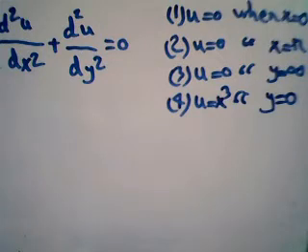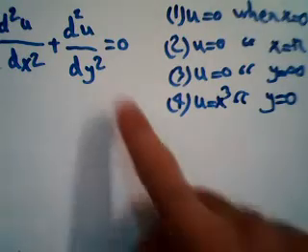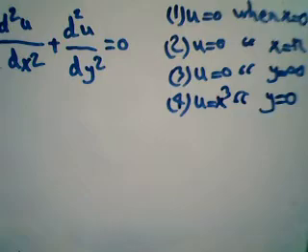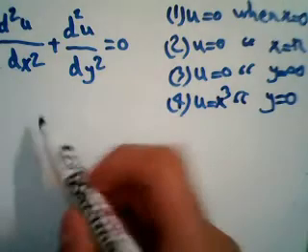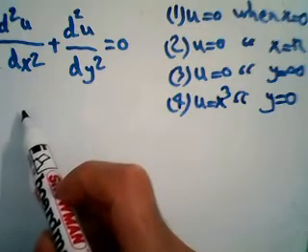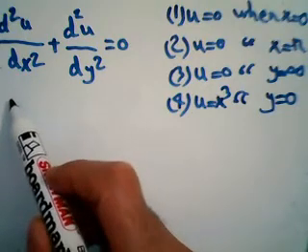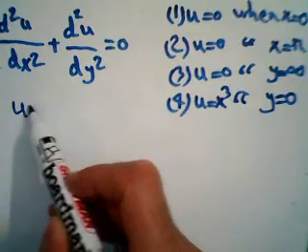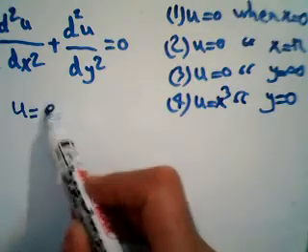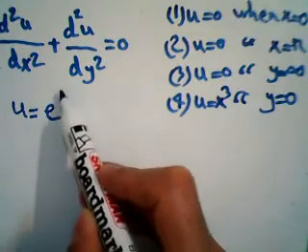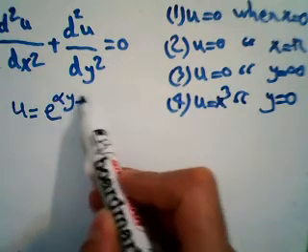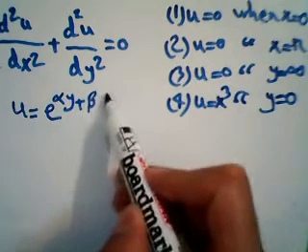Okay, let's solve this equation and see how the series appear. And u here is temperature. Let's suppose that u is a function like this, e to the alpha y plus beta x.